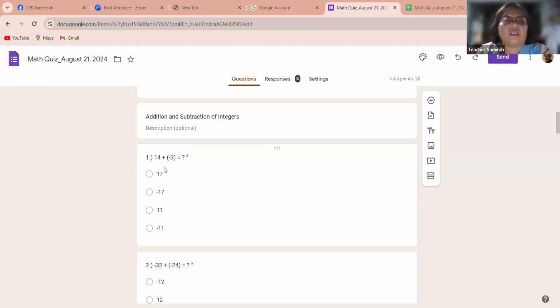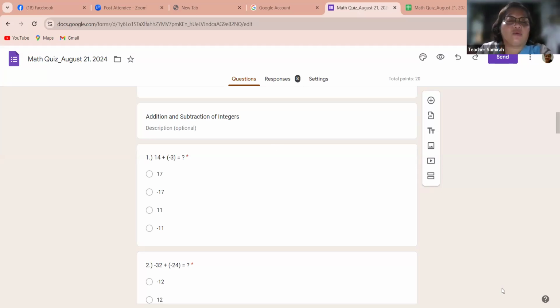The first rule is that when you add two positive numbers, the sum will always be what? The sum will be positive, right? And then the second rule is that the sum of two negative numbers is also a negative number or a negative integer.